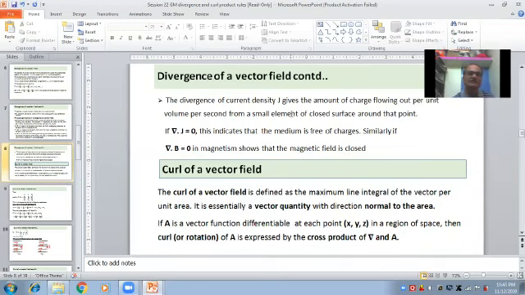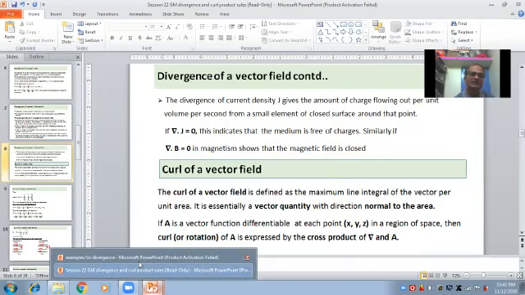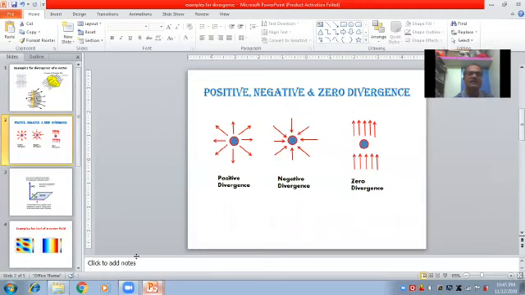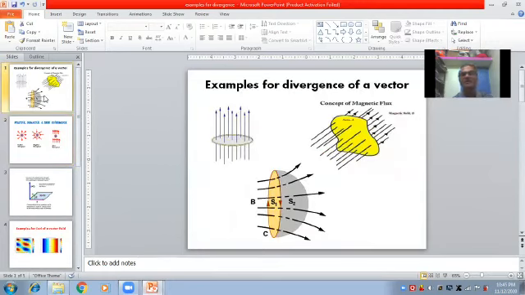So again, already I have shown the good examples for the divergence. So here we can see the cases are there. Here actually divergence is zero because flux is not diverging here. Whatever the amount of flux is coming into the surface, same amount is going out.